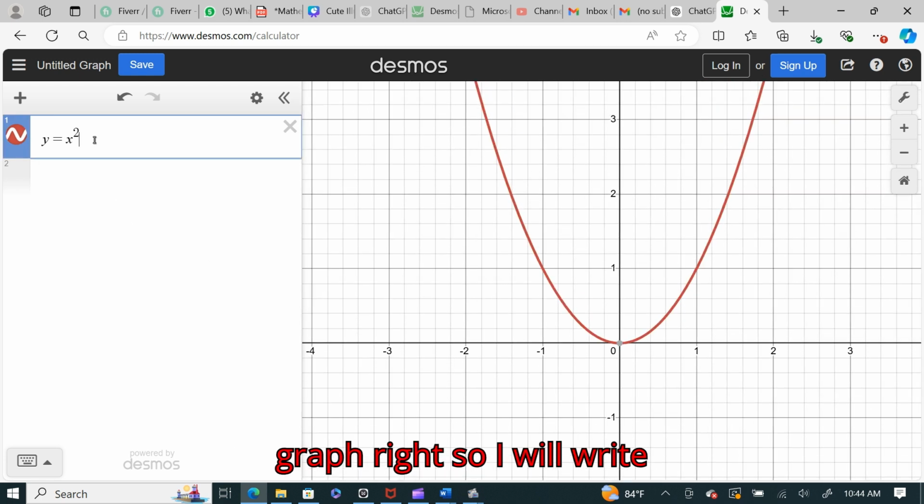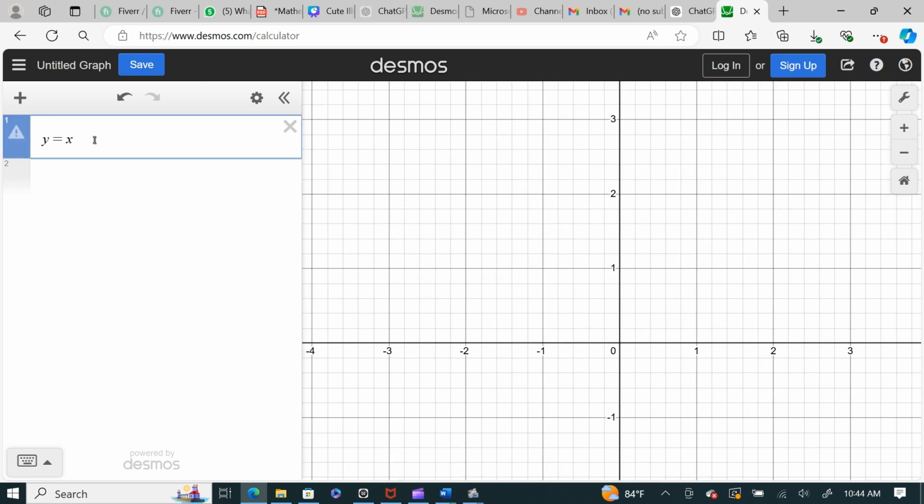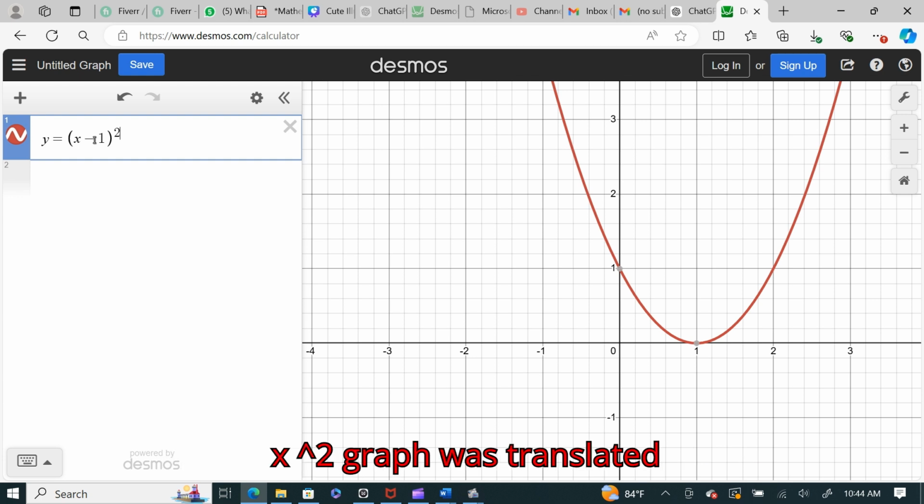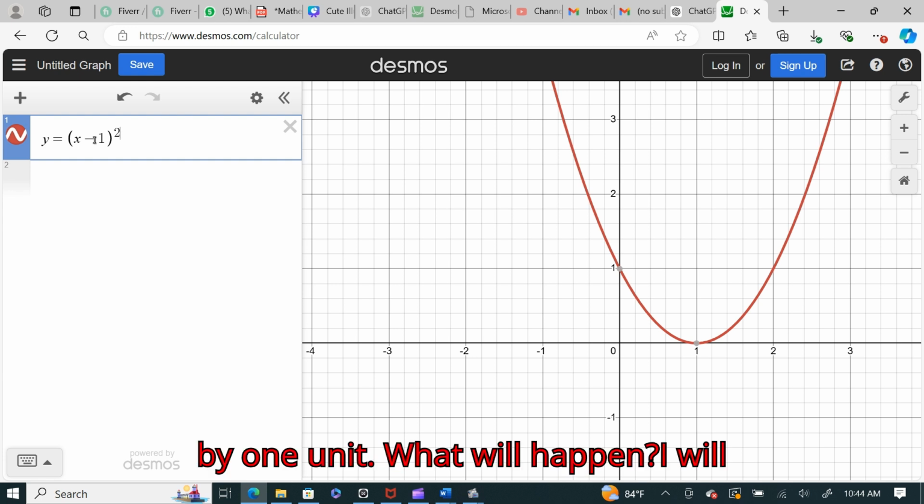So I will write (x minus 1) whole square. Right? What happened? The parent graph, y equals x square graph, was translated horizontally towards the right side by 1 unit.